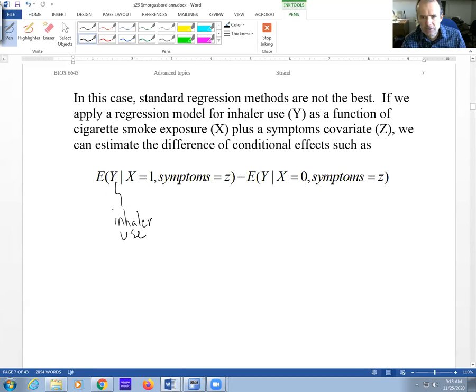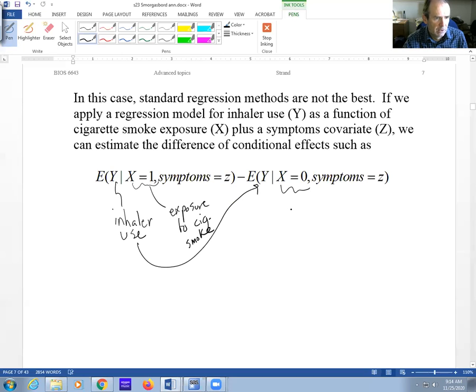Instead of actually using a continuous exposure, I'm just saying exposure to smoke, given they have a certain level of symptoms. And then on this side, this is the same thing, and X equals 0 would be no exposure to cigarette smoke. So if we take the regular regression approach, this is what we're estimating.